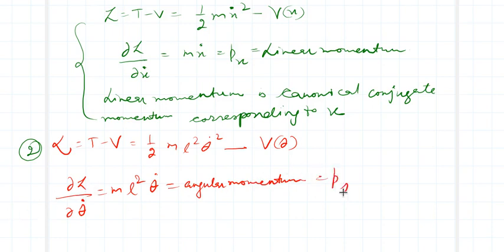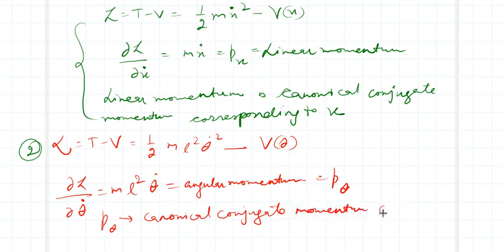And this is represented by p theta. Now p theta is basically the canonical conjugate momentum corresponding to angular displacement, right?